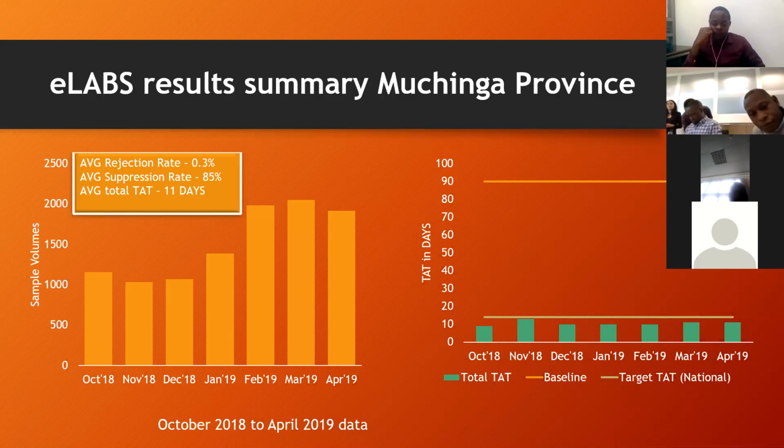You can see the national turnaround time, the green bar, which is at 14 days. We are currently working under the national turnaround time of 14 days, while our average turnaround time in Muchinga province is at 11 days. So we believe that eLABS has greatly contributed to this turnaround time.